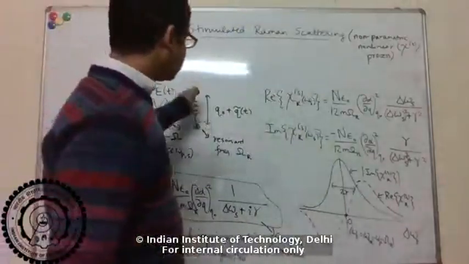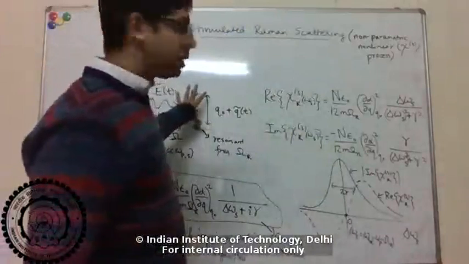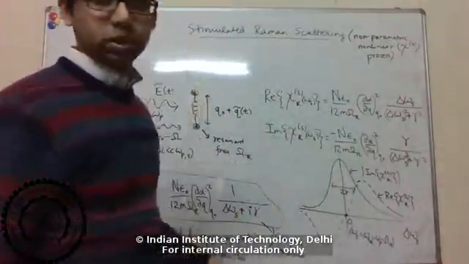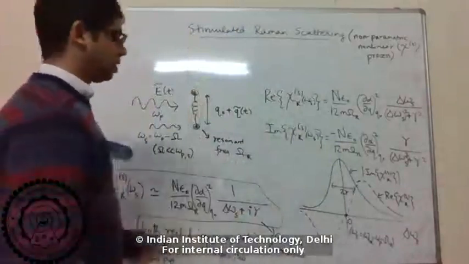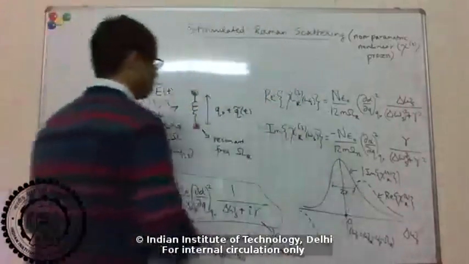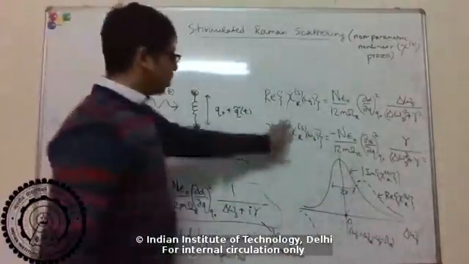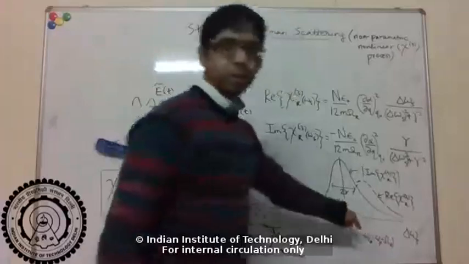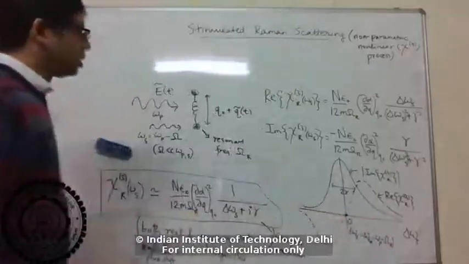So that's basically how fast these vibrations are decaying, or how long the phonon lives in the medium. That is what determines gamma, or the width of this. Okay, so that's at the Stokes side, or the lower frequency side from the pump.